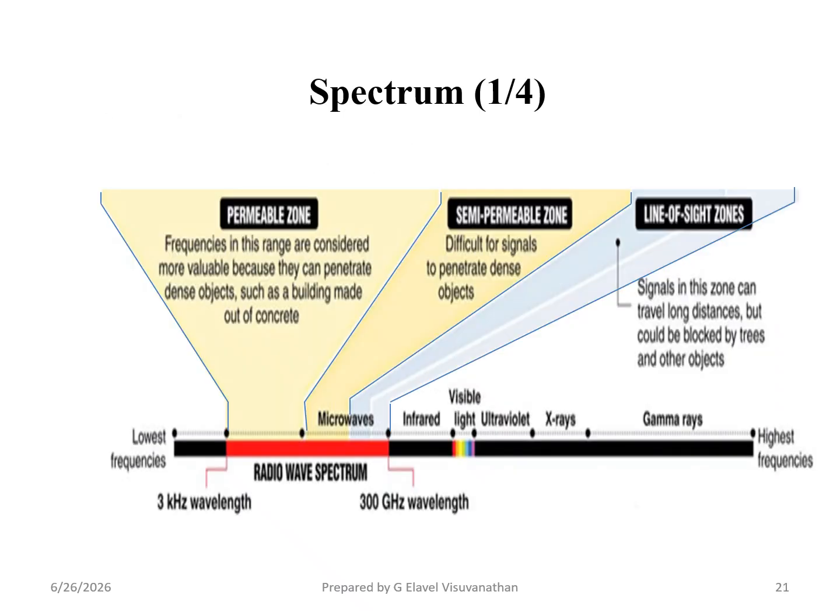Next, here we are seeing the same example, from low frequency to higher frequency. In between you can see radio wave spectrum, microwave, infrared, visible light, ultraviolet, X-ray as well as gamma. Radio waves, which are permissible low frequencies in this range, are considered more valuable because they can penetrate dense objects such as buildings made out of concrete.